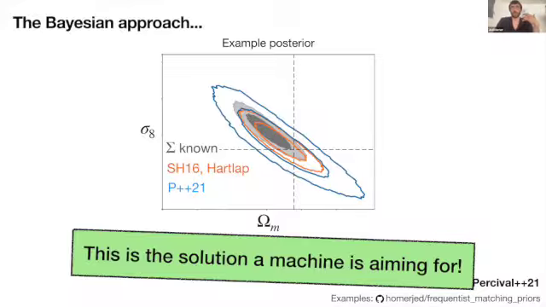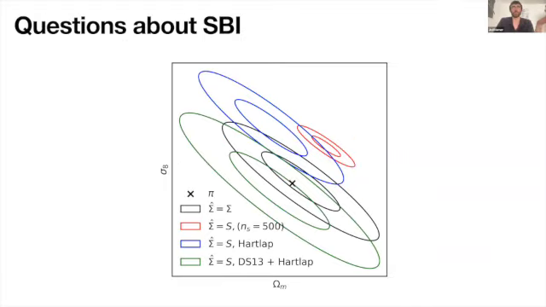But back to what we're talking about today, in this paper we wrote, we were asking questions about SBI. What I'm showing you here is a variety of contours from a bunch of different ways of correcting for your noisy data covariance. In black, we have the true contour, and this black cross signifies the true parameters we're trying to measure.